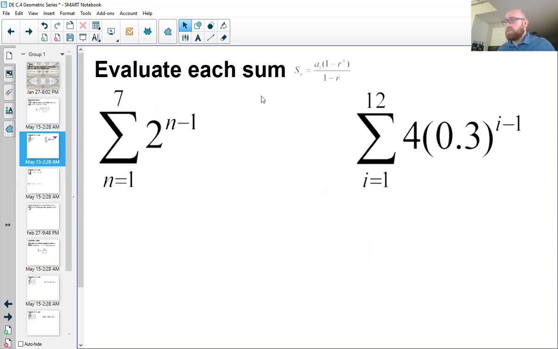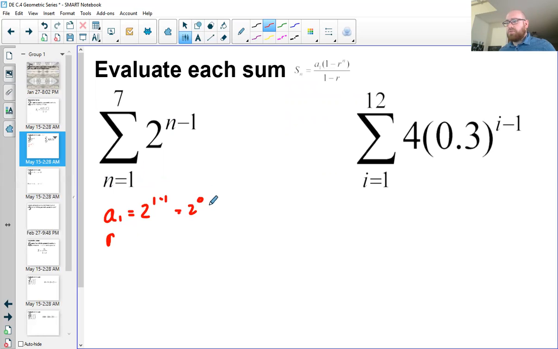So the things we need for all of these are the first term and the common ratio. So the first term we find by plugging in 1, because our first term starts at n equals 1. So we have 2 to the power of 1 minus 1, 2 to the power of 0, which itself is 1.